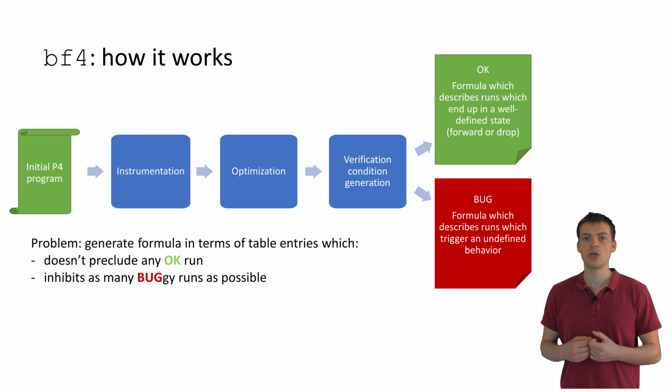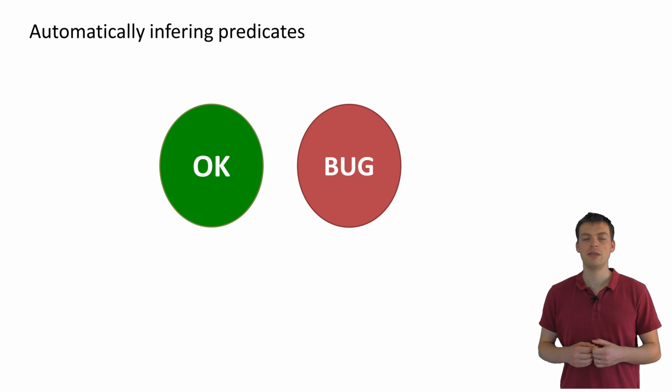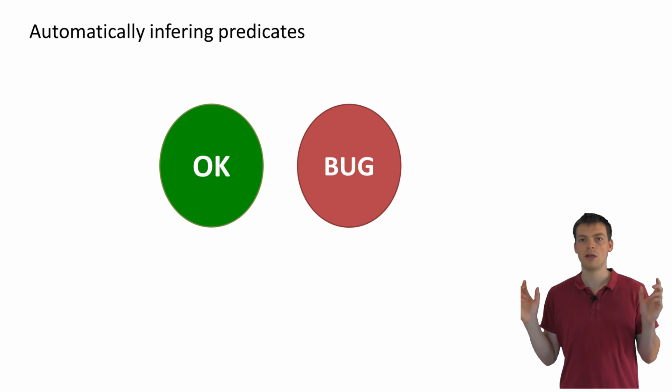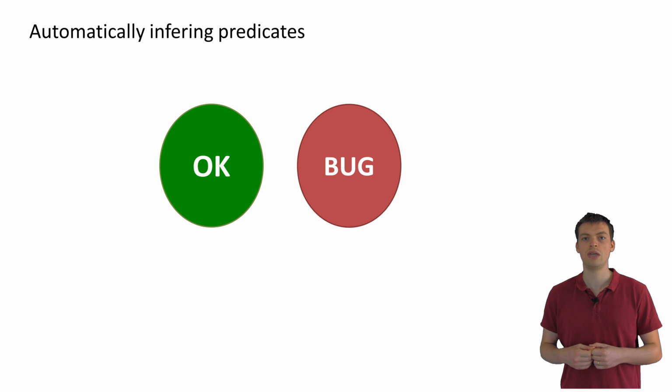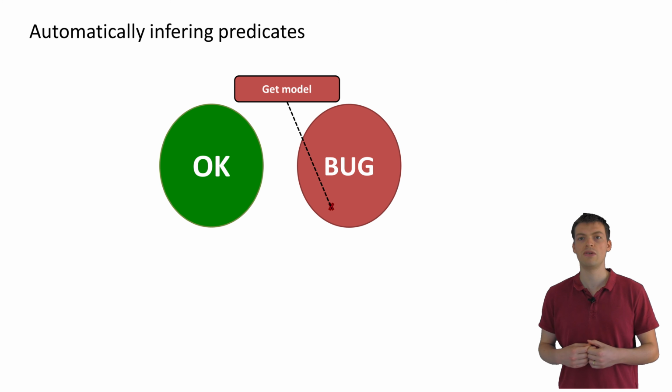Okay, now let me show you how this thing works. The algorithm starts with OK and bug. The formula is computed by bf4. It then uses an SMT solver, in our case Z3, to check satisfiability of bug. If it is satisfiable, we get a model.